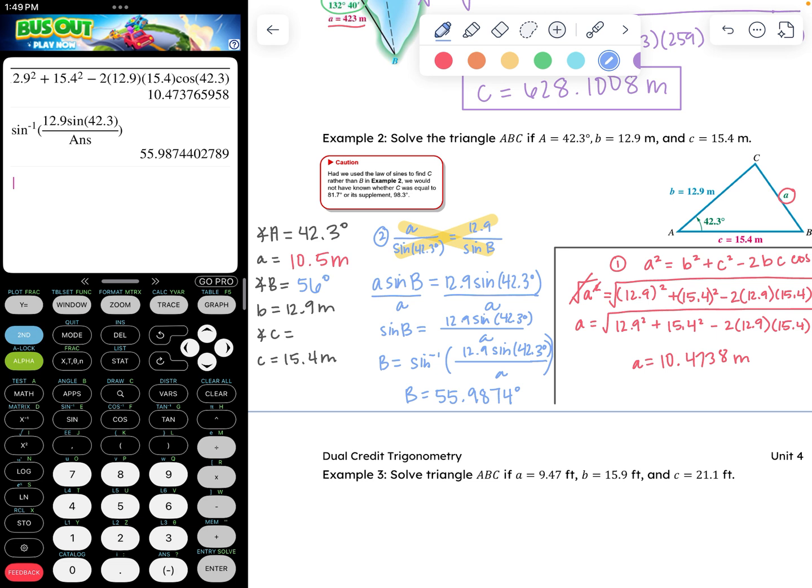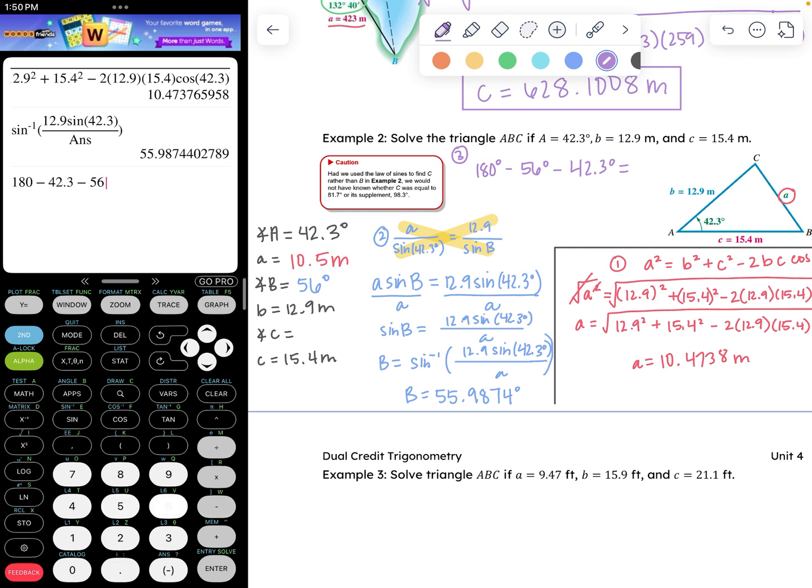And then finding angle C is actually the super easy part because now that I know two angles, I just subtract them from 180. So 180 degrees minus the 56 degrees and minus the 42.3 degrees. So that's my last step there. 180 minus 42.3 minus 56 gets me 81.7.